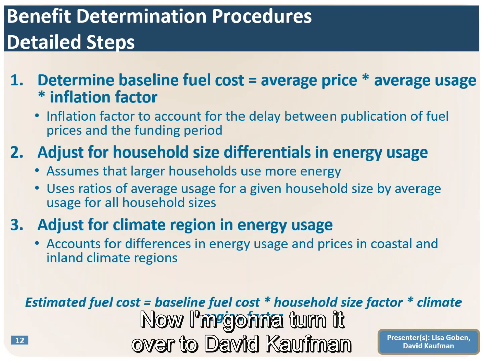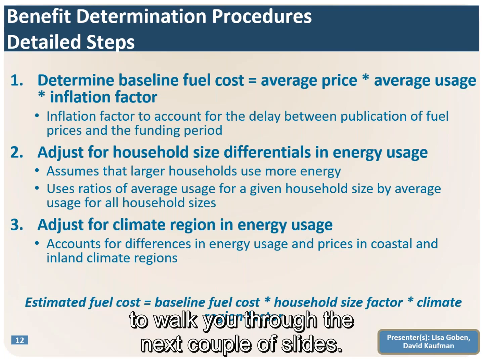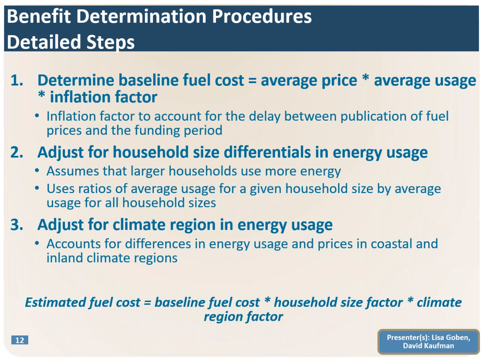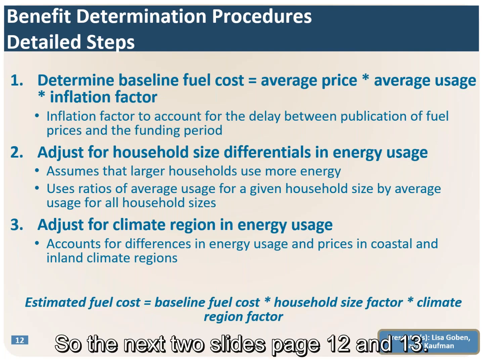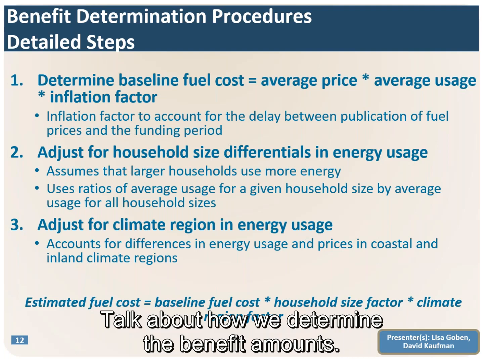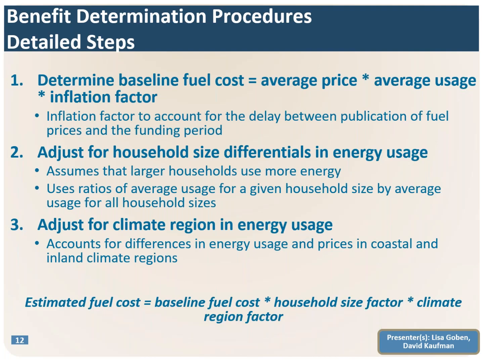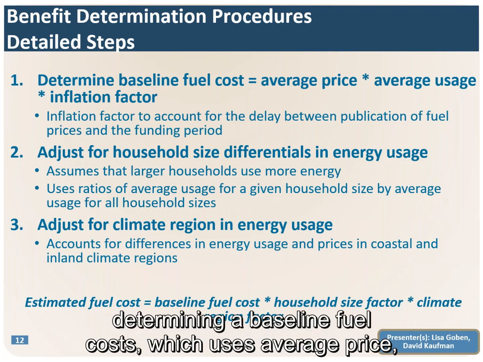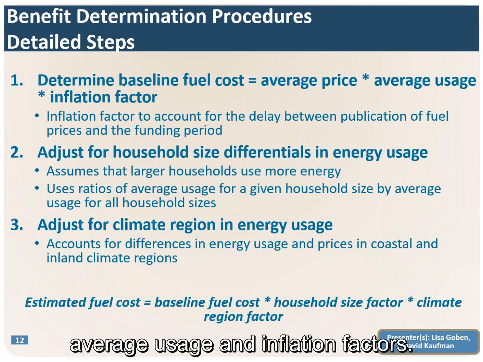And now I'm going to turn it over to David Kaufman to walk you through the next couple of slides. Thanks, Lisa. So the next 2 slides, page 12 and 13, talk about how we determine the benefit amounts. The first thing we do is determine a baseline fuel cost, which uses average price, average usage, and inflation factors.